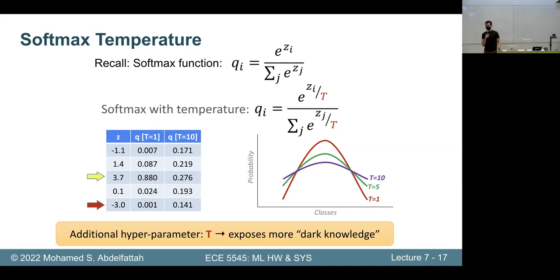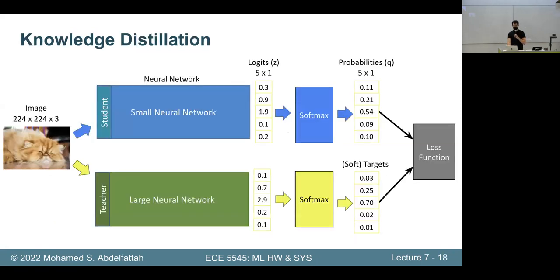But basically, what that means is that it just magnifies the values for the wrong classes, and makes the distribution a bit smoother. Okay, so back to this diagram now. So we have a softmax with some temperature. And this is a hyperparameter, so there is no real correct value, but I've seen temperatures in the range of 5 to 10 being used a lot.